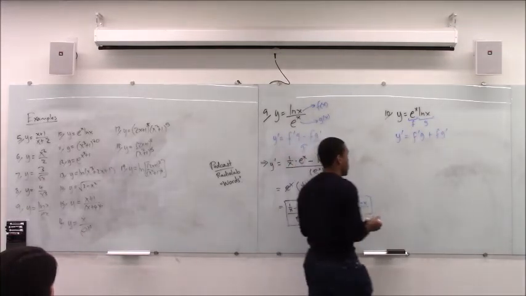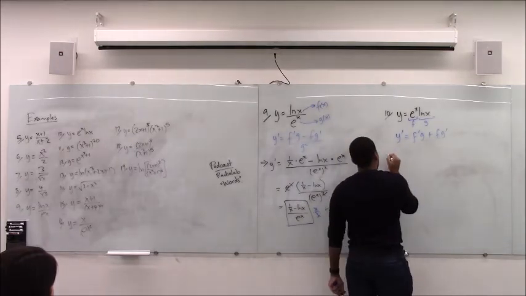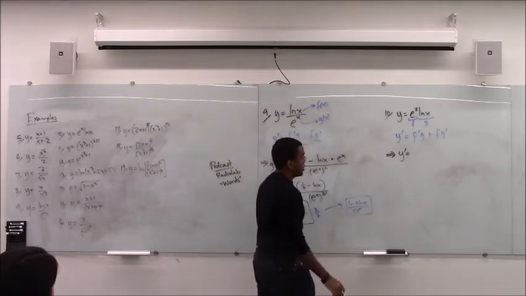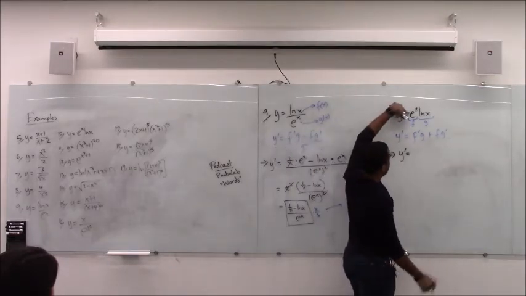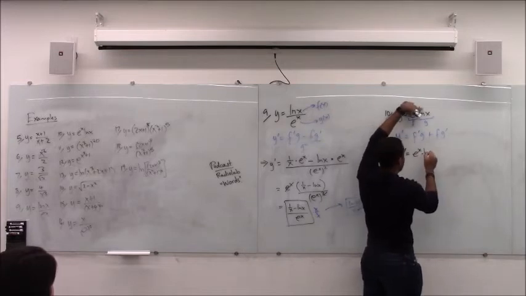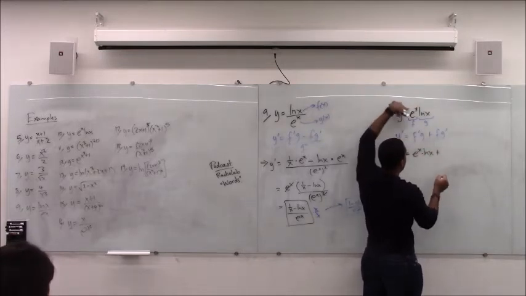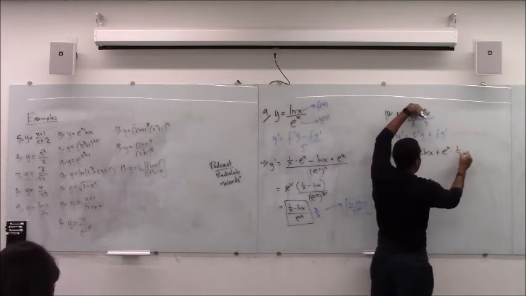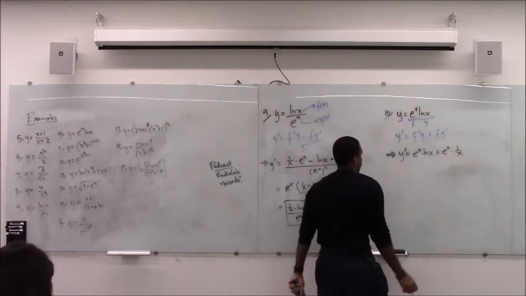So I'm just going to go through here. This means y prime is going to be equal to, so f is e to the x, f prime is e to the x, g is ln x, plus f is e to the x, times the g prime is 1 over x.